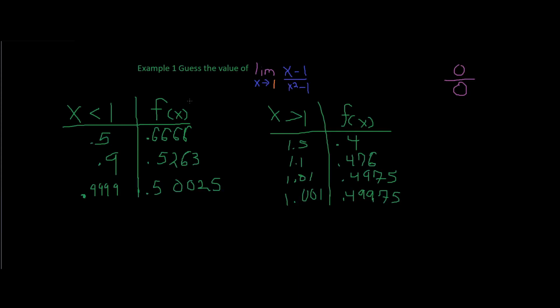Alright, so we ended up putting numbers into our calculator, and so what's happening here, this is x less than 1, this is x greater than 1, so we're putting in numbers and they're getting close to 1. So what's happening is it's getting close to a certain number, and that number is, if you take a look right here, 0.5.